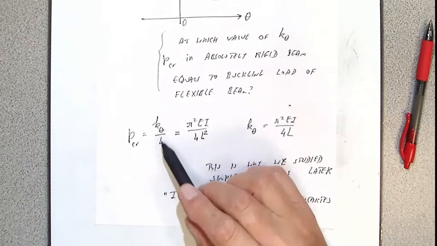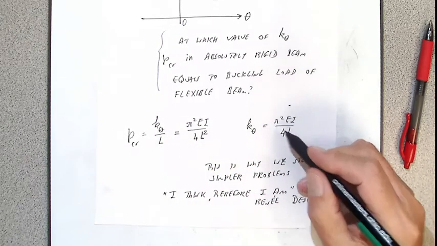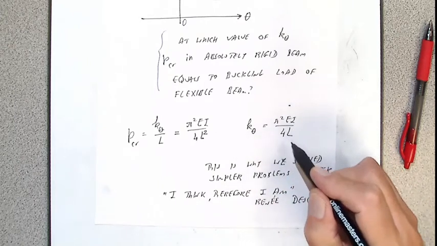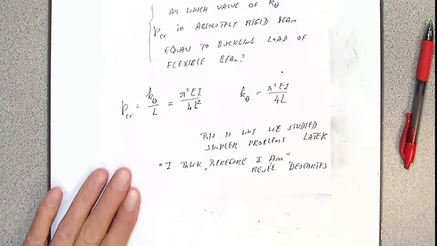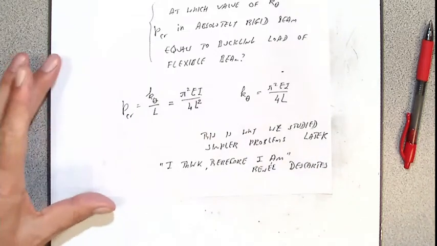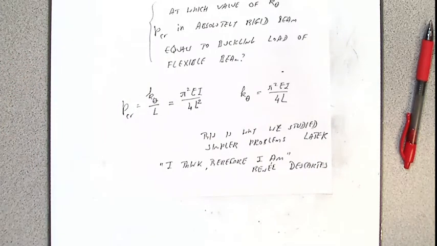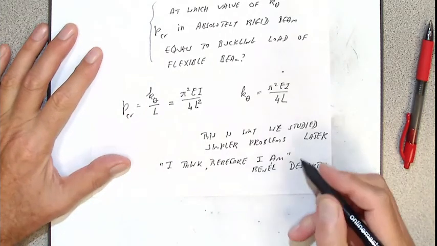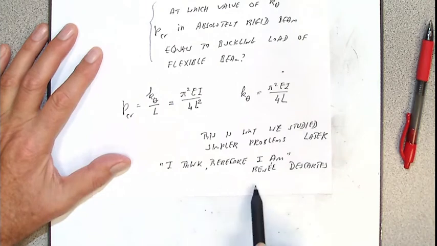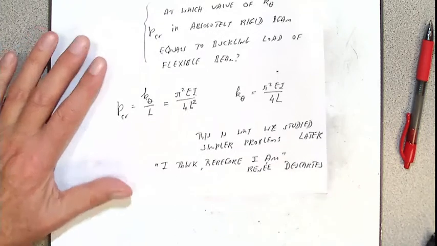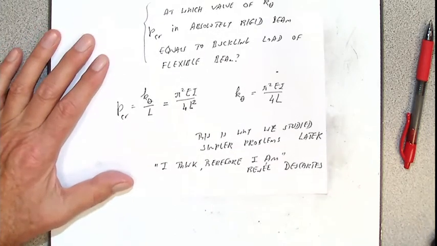So then K theta we find equals pi squared EI over 4L. This is why we studied simpler problems earlier, otherwise we would have forgotten these simple problems. So the idea is to engage you with the thinking process. I think, therefore I am, René Descartes, if you remember. Okay, any questions here? If not, we will continue.